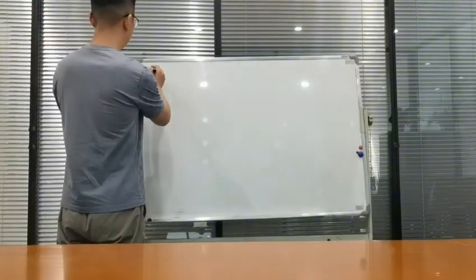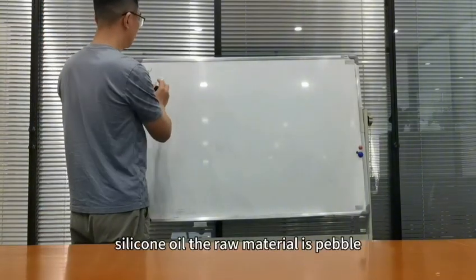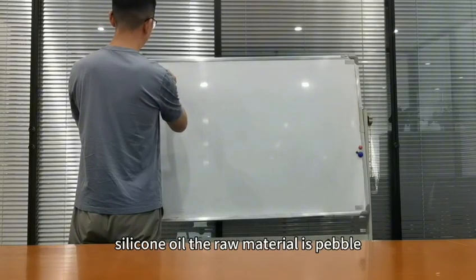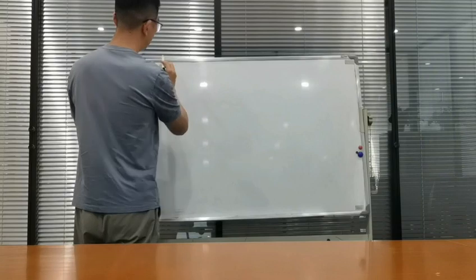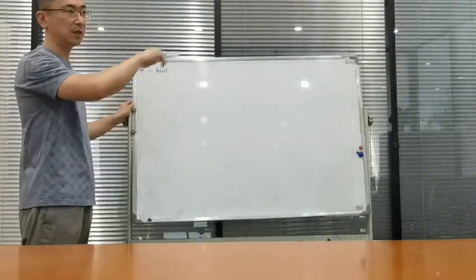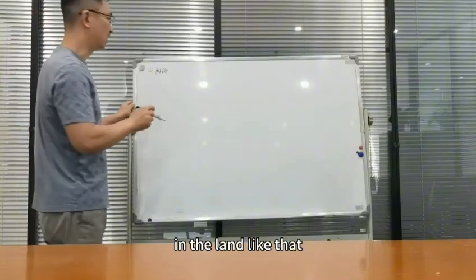Okay, first, for silicone oil, the raw material is pebble. You can see the cobblestone in the length like that.